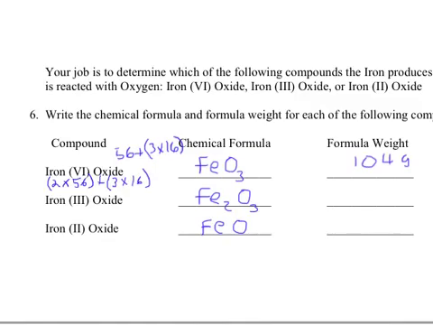And that's going to give me a formula weight of 160 grams. And lastly, we'll do FeO. In that case, I have 56 plus 16. I'll use my calculator. I should be able to do that in my head, but I get 72 grams.